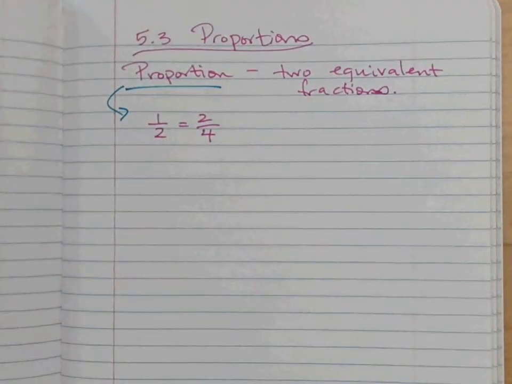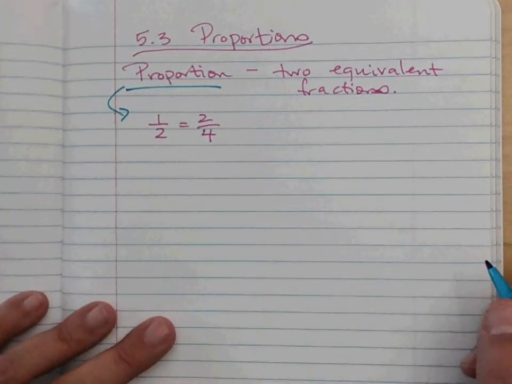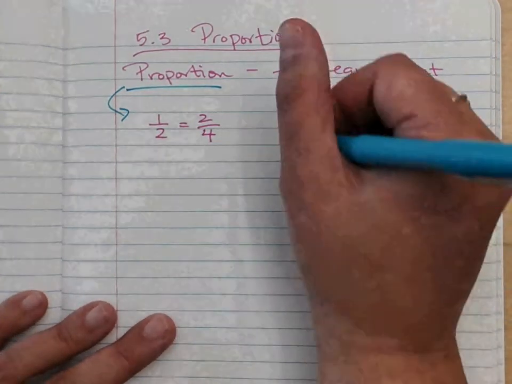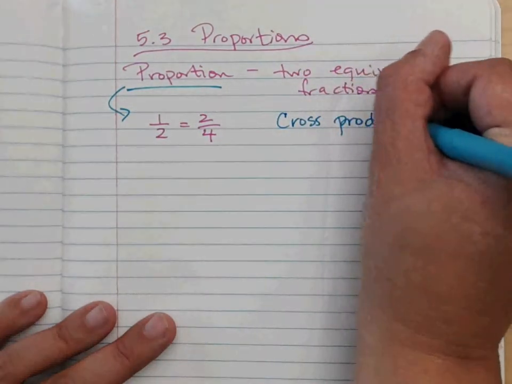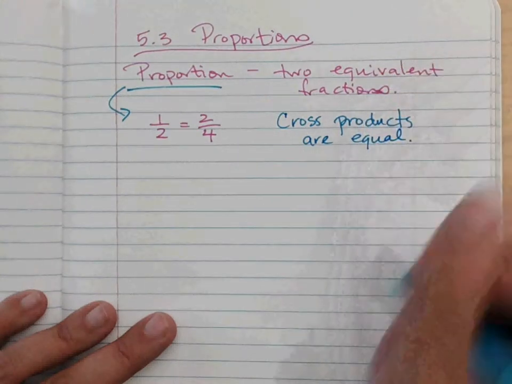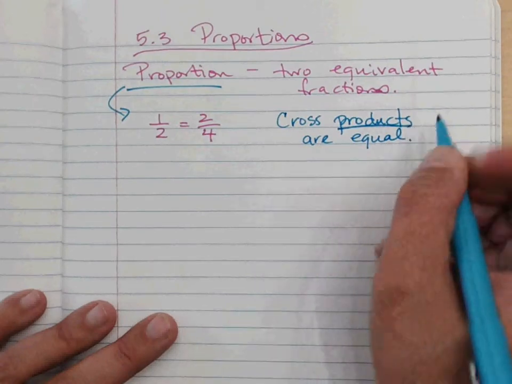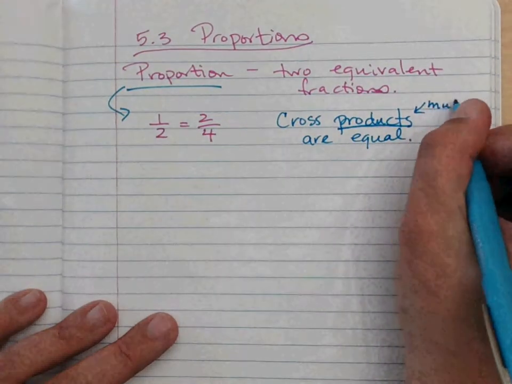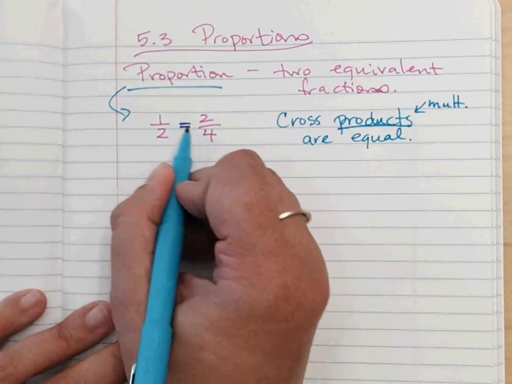Done! Now, I want to show you some kind of magic thing about proportions which you might not have realized, and that is that the cross products are equal. So this is the proportion rule. By cross products, the word product means multiply, and we're going across the equal sign.